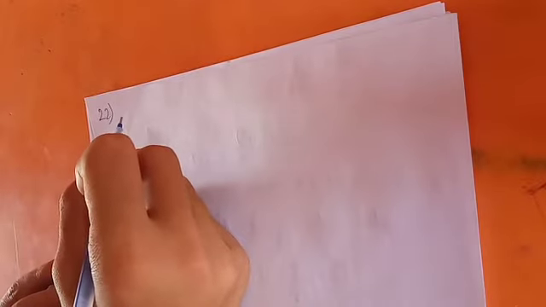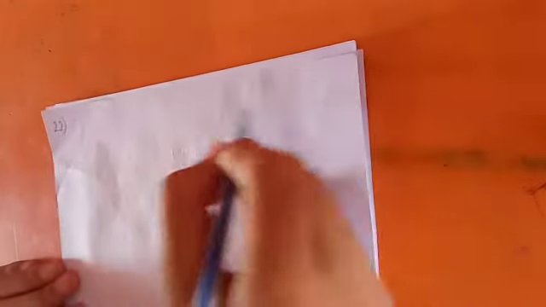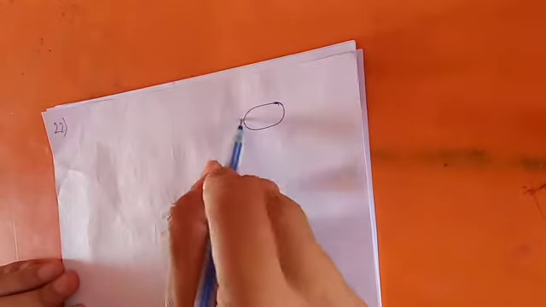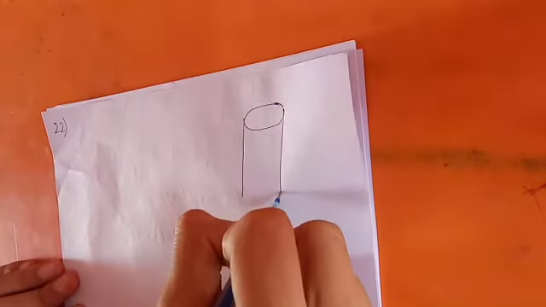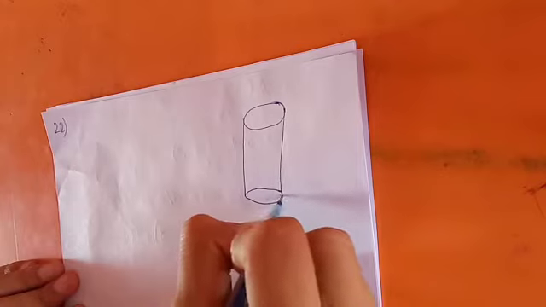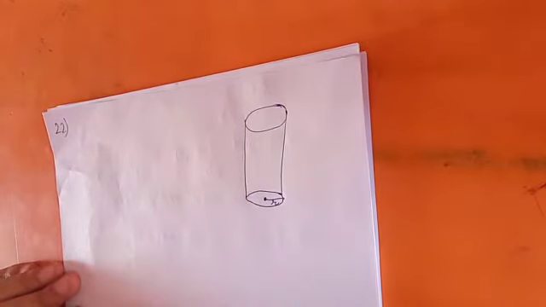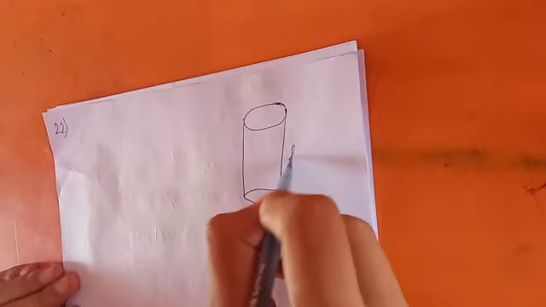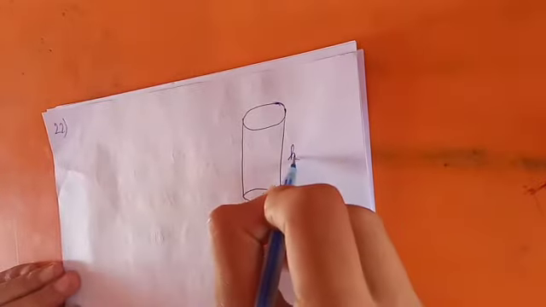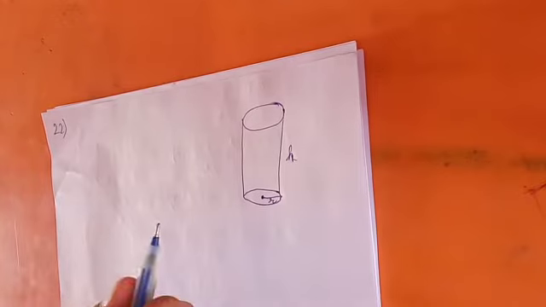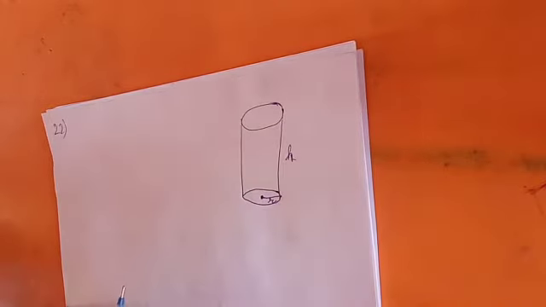Okay, so in this question number 22, first of all, we have a cylinder, and we can assume that r is the radius of the cylinder and h is the height of the cylinder.